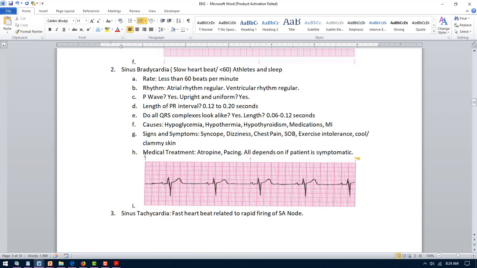Here's the beginning of the strip. Here's the 3-second mark. And then here's the 6-second mark. So this is a 6-second strip. We just count the beats, R to R. 1, 2, 3, 4, 5. So if we're using this one and determining rate, this rate would be 50.